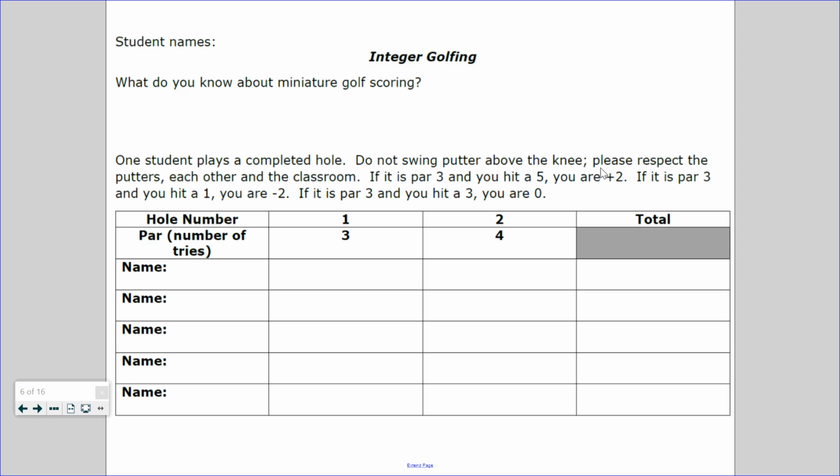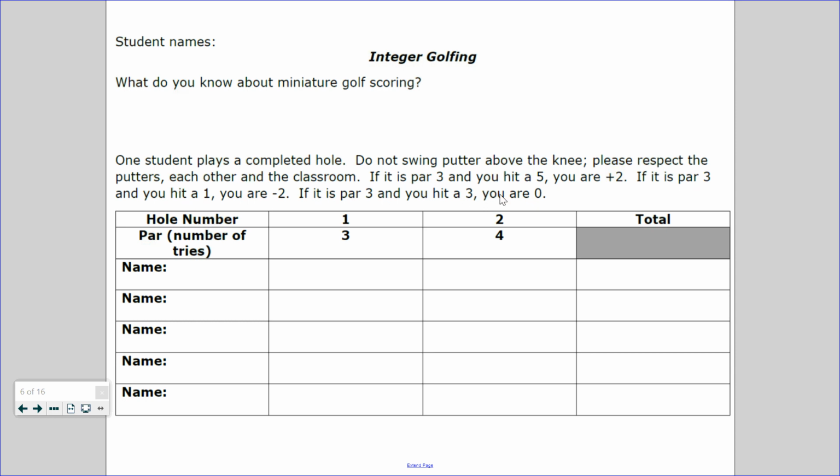That's not good. Remember, in miniature golf the lower score is better. So actually, negative is better than positive. If it is par 3 and you hit a 1, that's good. You did a hole in 1. So you are negative 2. If it is par 3 and you hit a 3, you are 0.